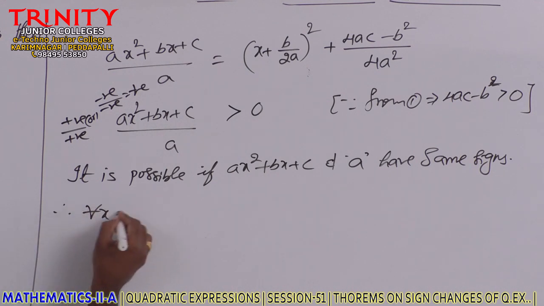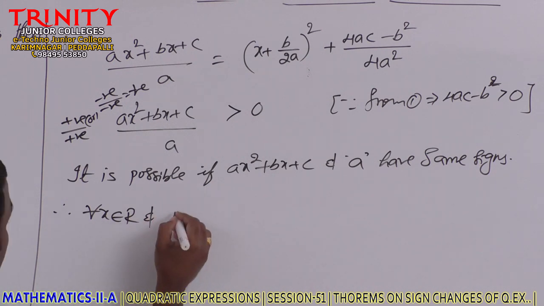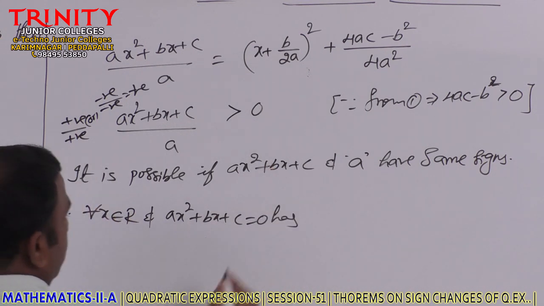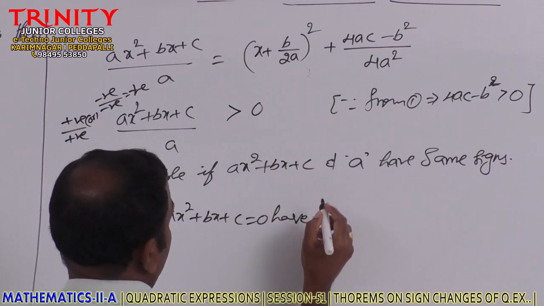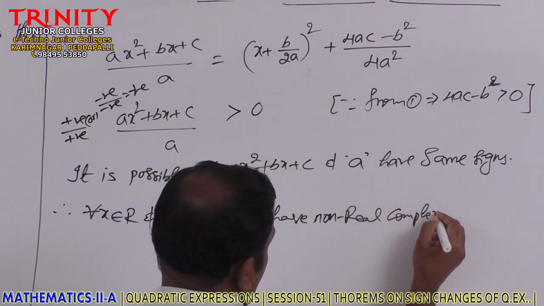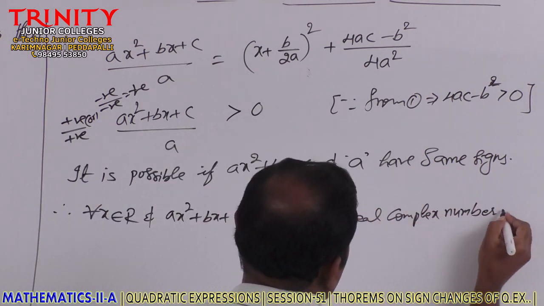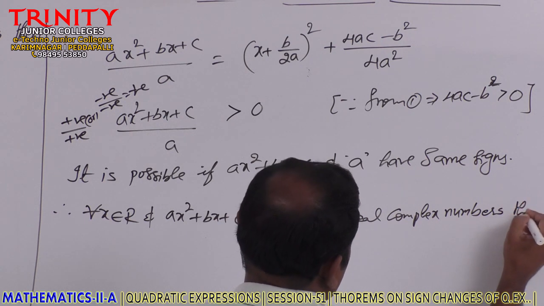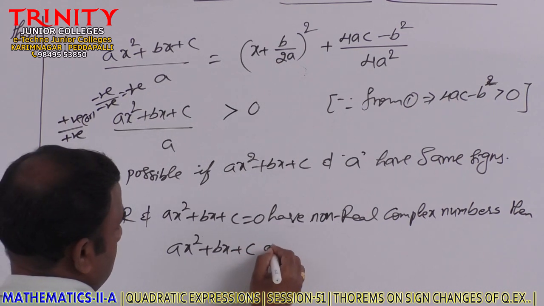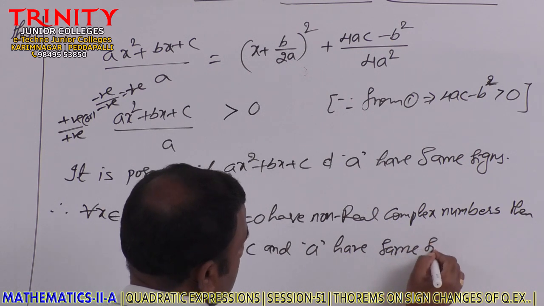Therefore, for all x belongs to R, if ax square plus bx plus c equal to 0 has non-real complex roots, then ax square plus bx plus c and a have the same signs.